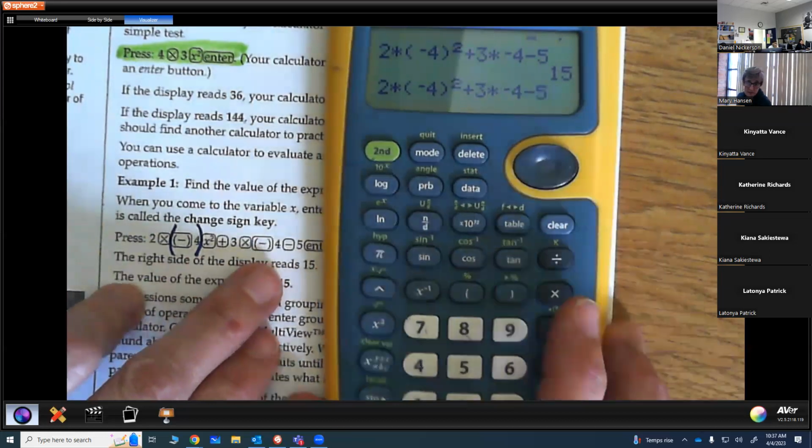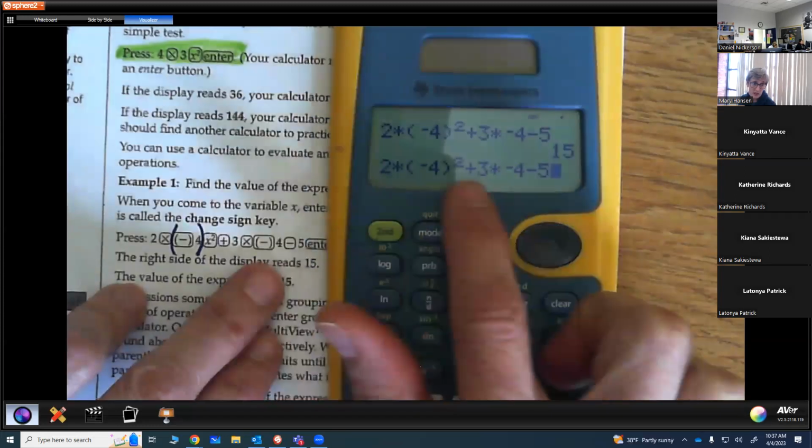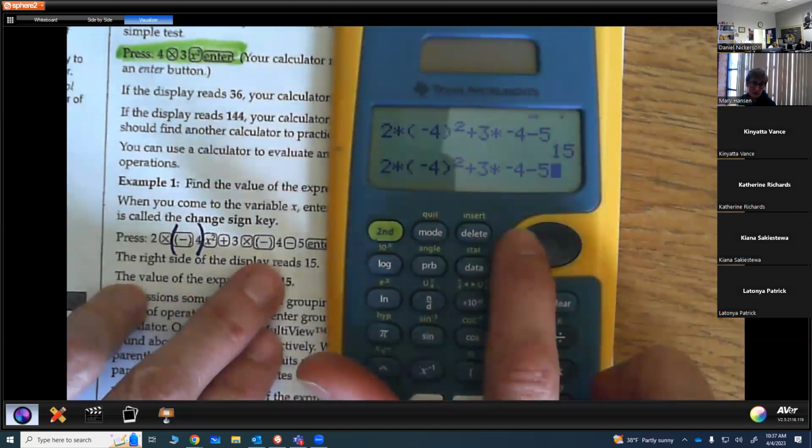Now, another nice thing about this calculator is you can go back and see everything you punched in before you hit enter, and you can actually correct things. You can use this toggle key to go back in and correct an error.